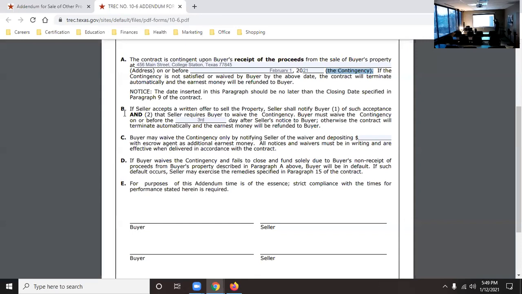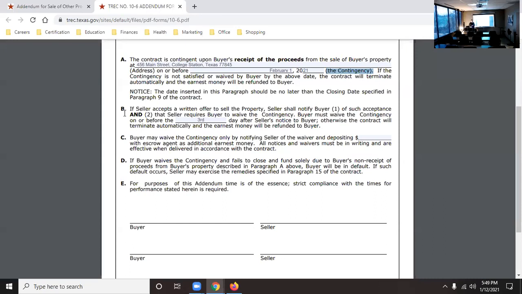So if Mr. Travis notifies Mr. Colton, Colton, I got an all-cash offer, they're closing Friday, are you going to close with me?